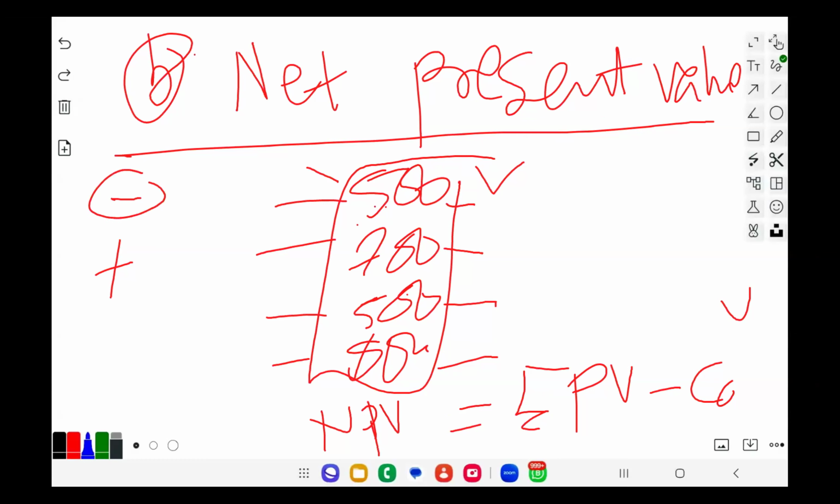If the NPV is negative, it simply means the money you invested is more than what you received from the project.